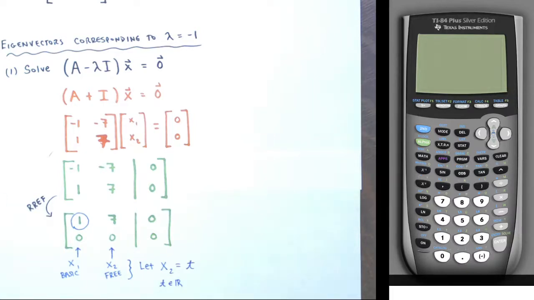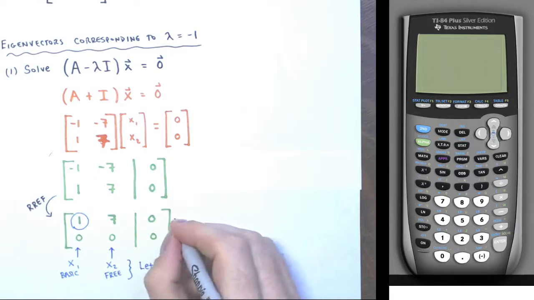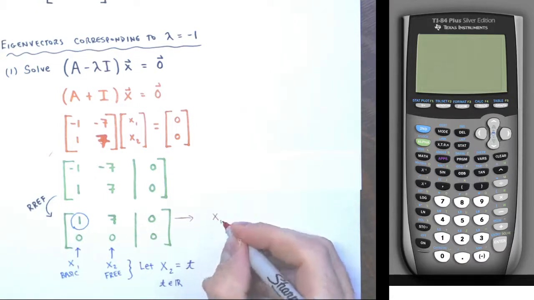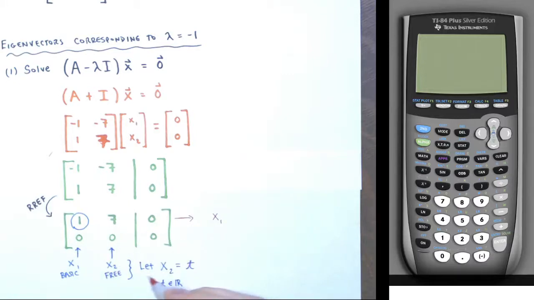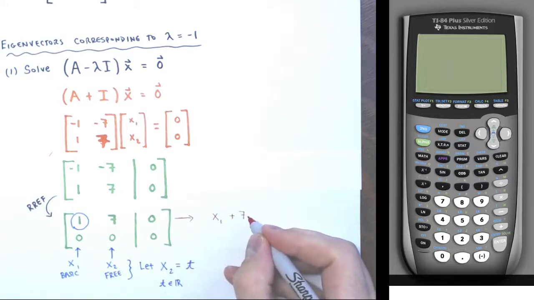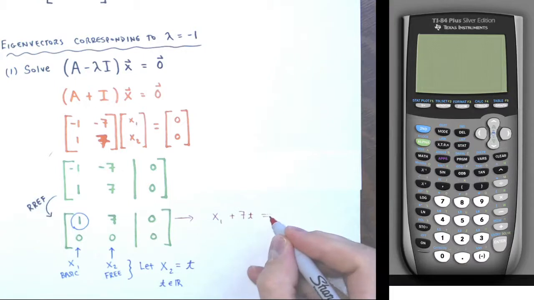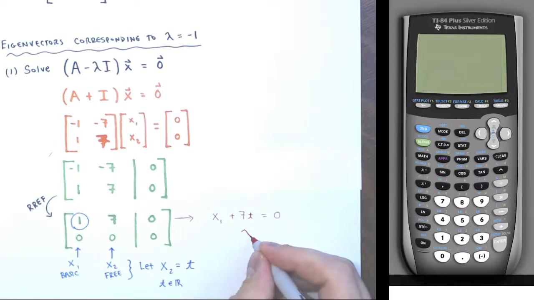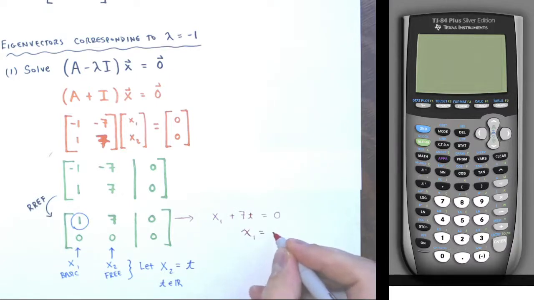Then, in the first row in reduced echelon form, we're seeing 1x1, so x1, plus 7x2, so plus 7t, must be equal to 0. Solving this for x1, we'd see that the value of x1 must be equal to negative 7 times t.